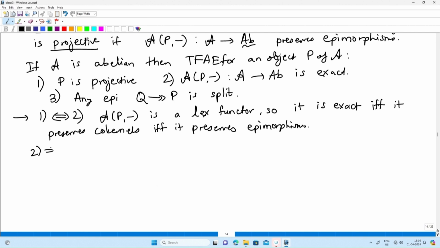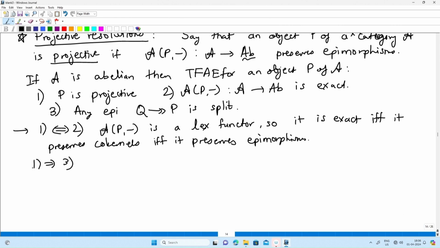Now, if you want to see 2 implies 3, suppose it is exact. Oh, sorry, 1 implies 3. Let's do 1 implies 3. That's better. So you want to show that any epimorphism is split. Well, it preserves epimorphisms.